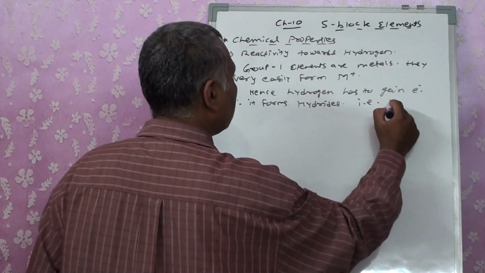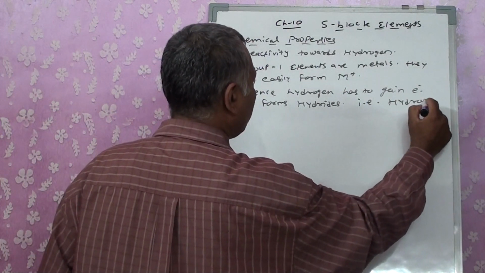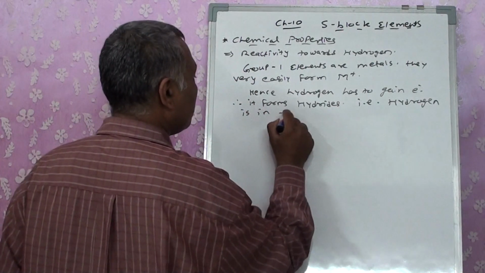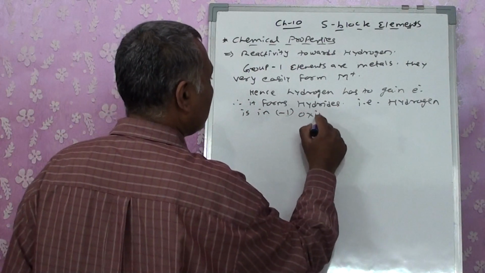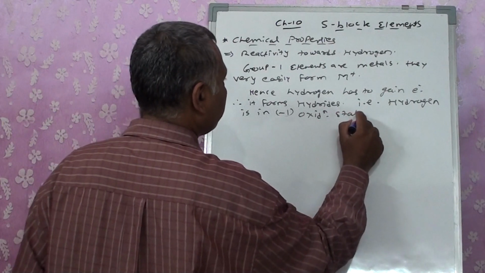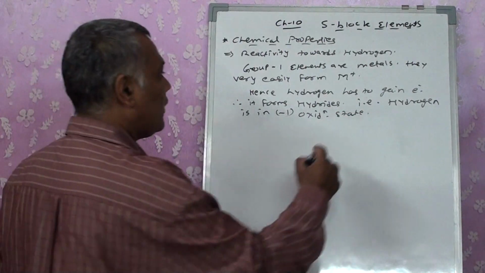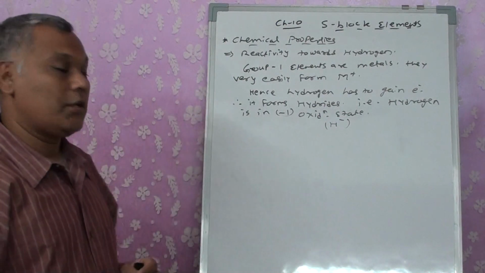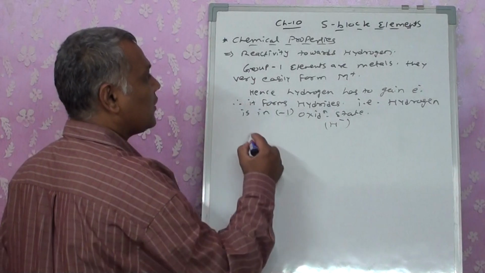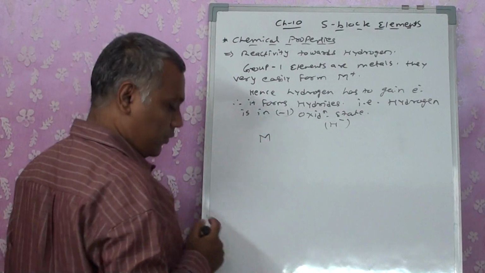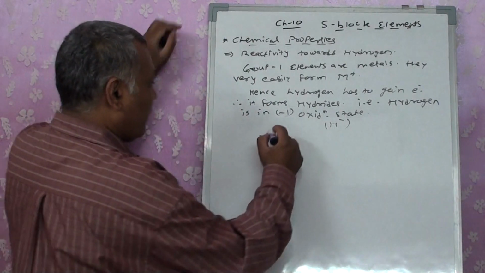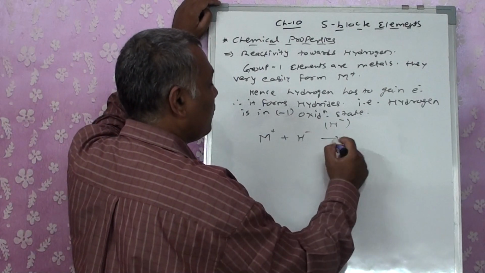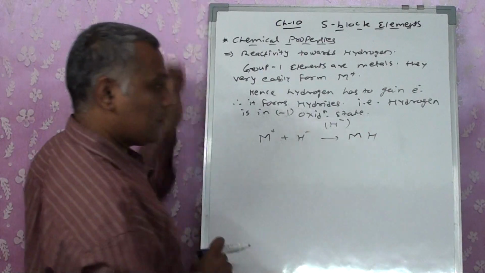That is, hydrogen is in the -1 oxidation state. So we are going to get H-, in the -1 oxidation state. As a result, each of these metals reacts with H to form MH, right?